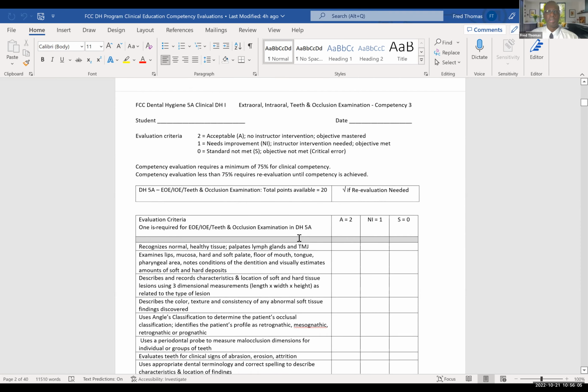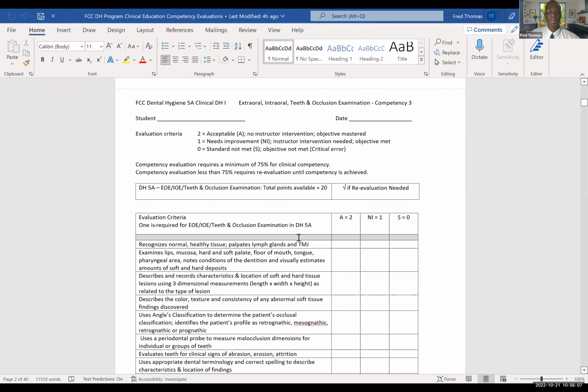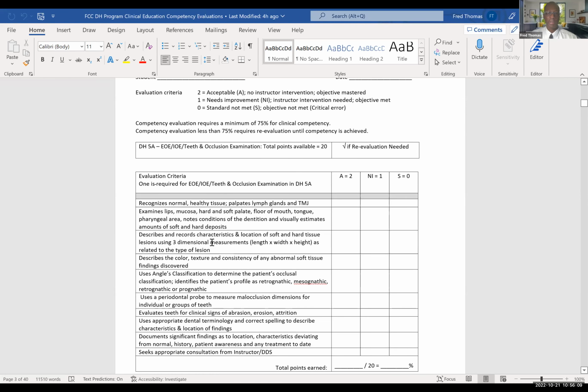So these are an example of how detailed the competency is. It really breaks down everything that the student will need to exemplify or be competent in doing an extraoral, intraoral, or teeth occlusion here.